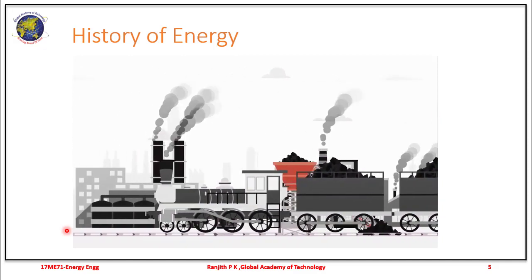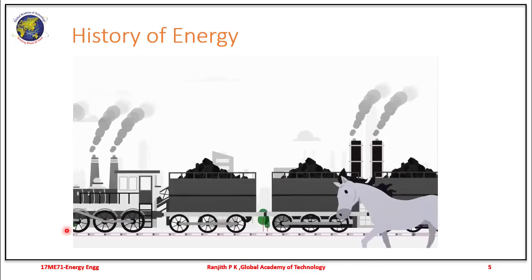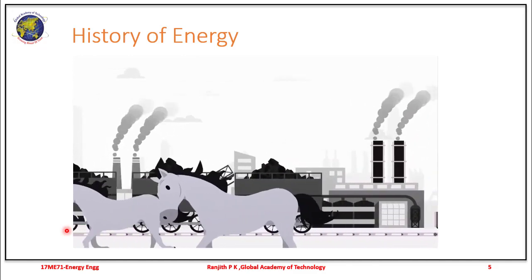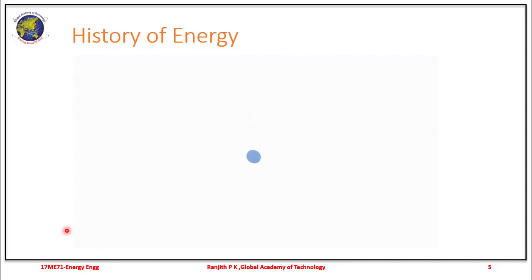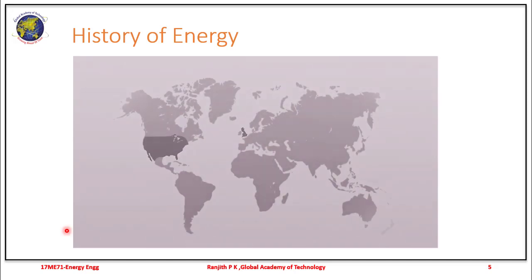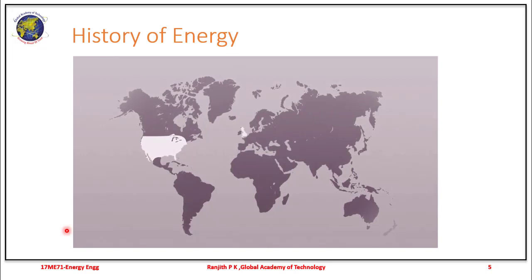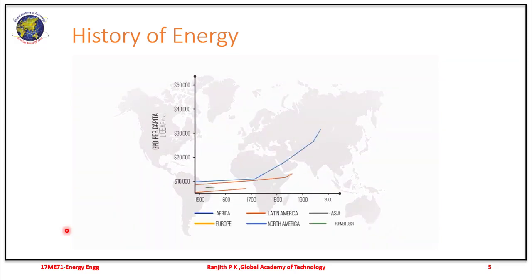From steam engines to electric turbines, the world was transformed with industrial machinery and communication. For the first time in history, humans could travel at speeds greater than a horse on land and faster than the winds at sea. About the same time, natural gas was discovered and used in Britain and the United States for additional lighting in the evenings. This extended the hours of human productivity deep into the night.